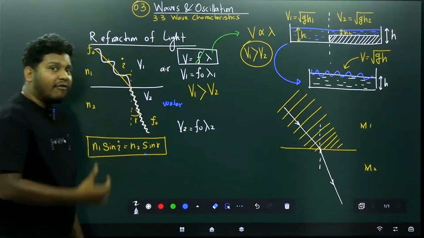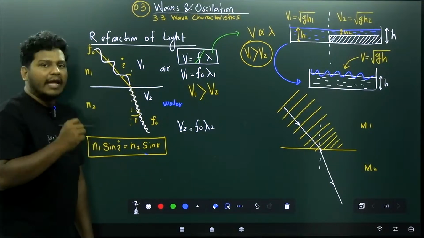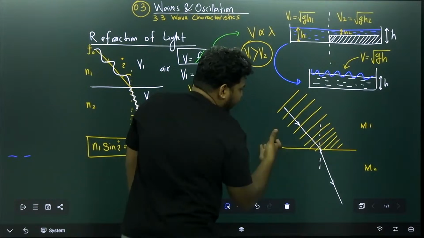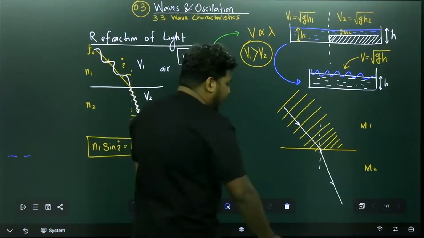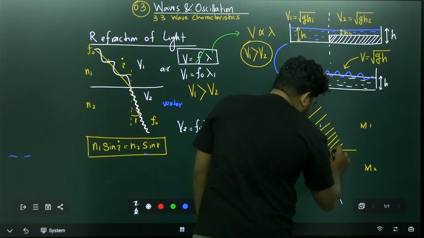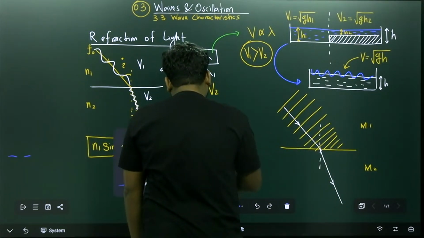So now what I want to do here is draw the wavefronts. Again, I need to draw the parallel wavefronts. Now this is refracting in this surface. So I'm going to draw the lines again like this. That is clearly given in your textbook.